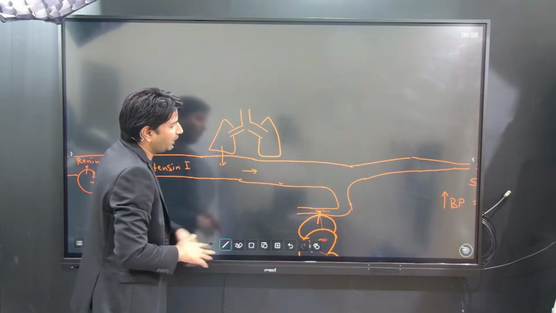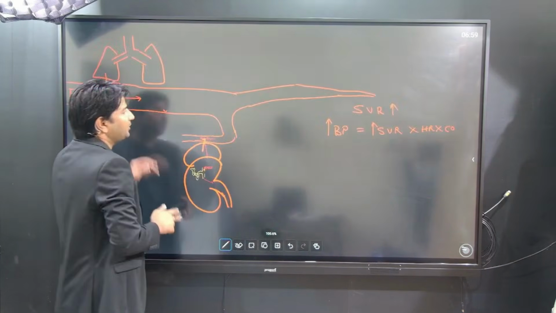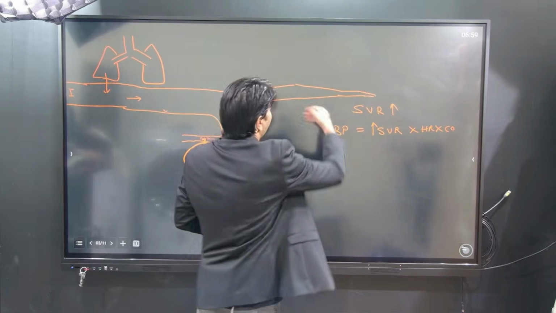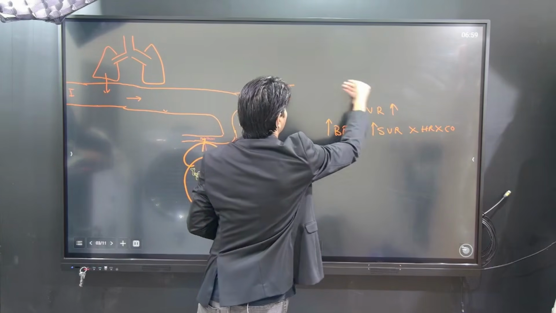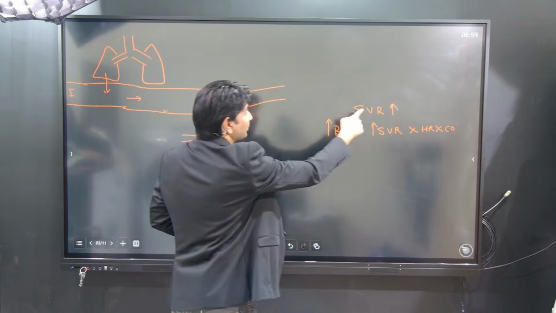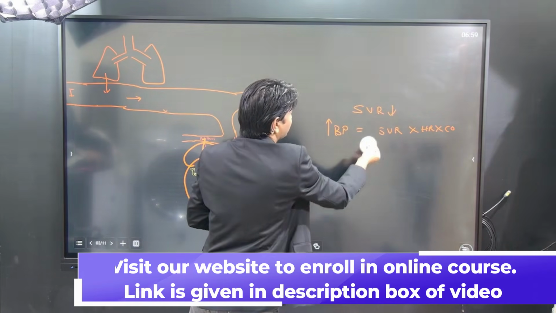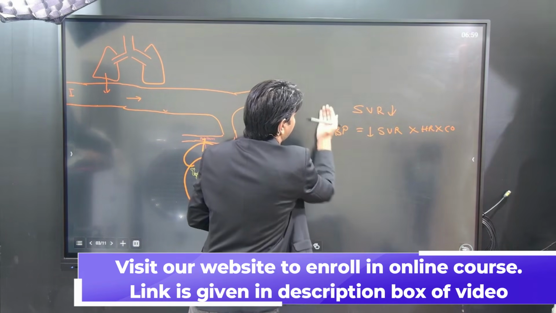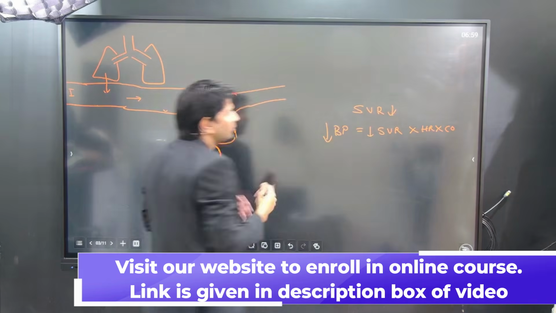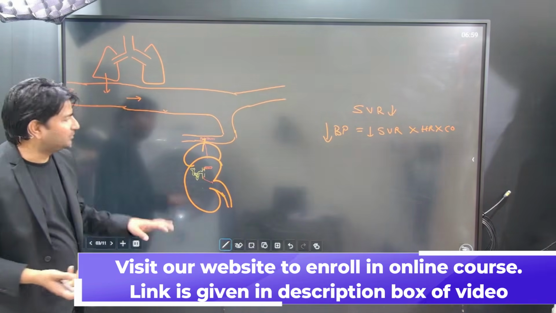So there will be no angiotensin 2. If there is no angiotensin 2, it means these blood vessels will not be constricted. It means the systemic vascular resistance will decrease, and if the systemic vascular resistance decreases, it means blood pressure will be reduced. So that is what we want in hypertension.